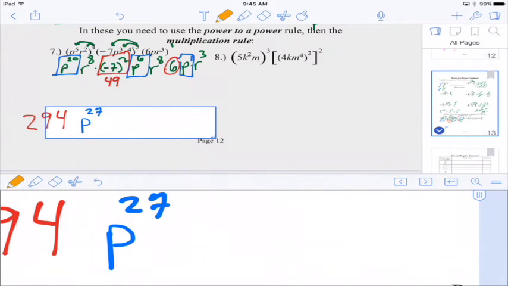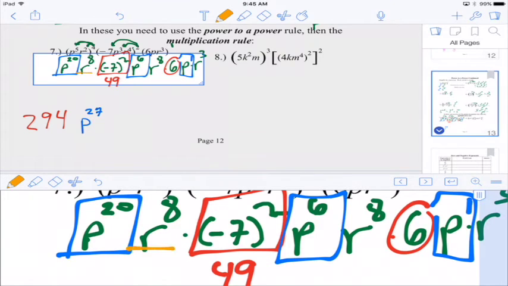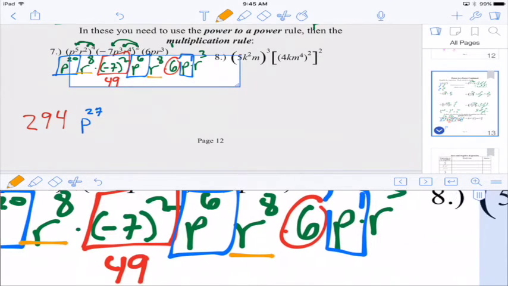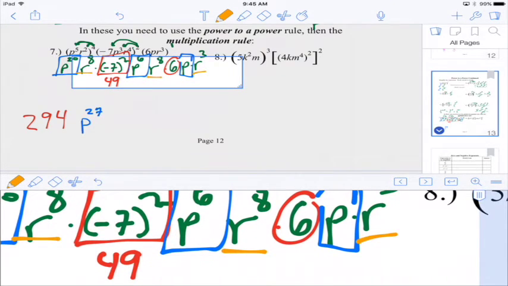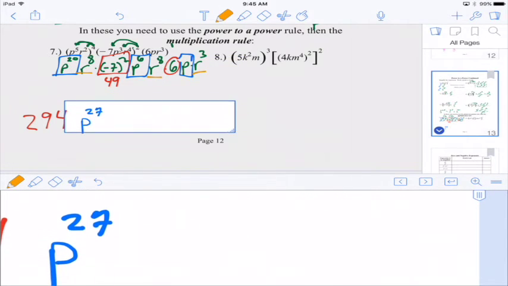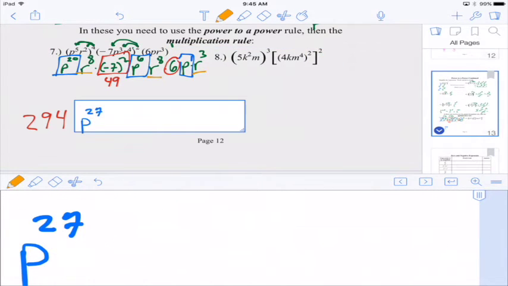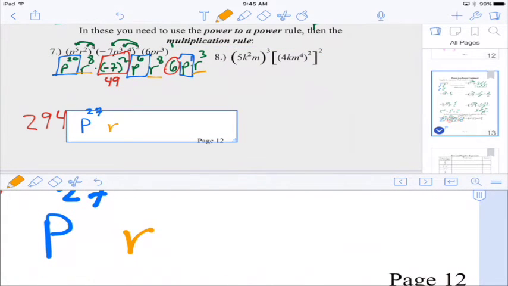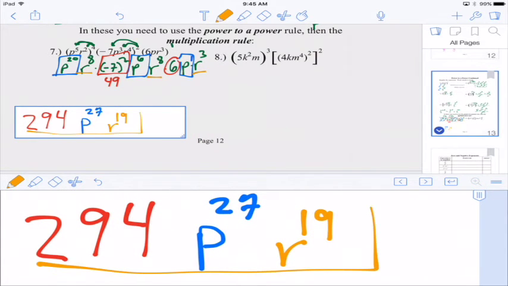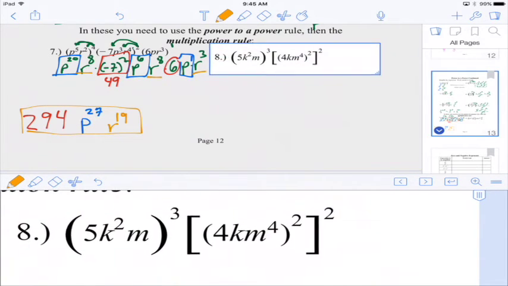Then I have my r's: r to the 8th, r to the 8th, and r cubed. When I multiply the same base, we add exponents again. So 8 plus 8 is 16. 16 plus 3 more, r to the 19th. So there's my whole thing. I know that was a little complicated. There's a lot of steps, but you know these rules by now.